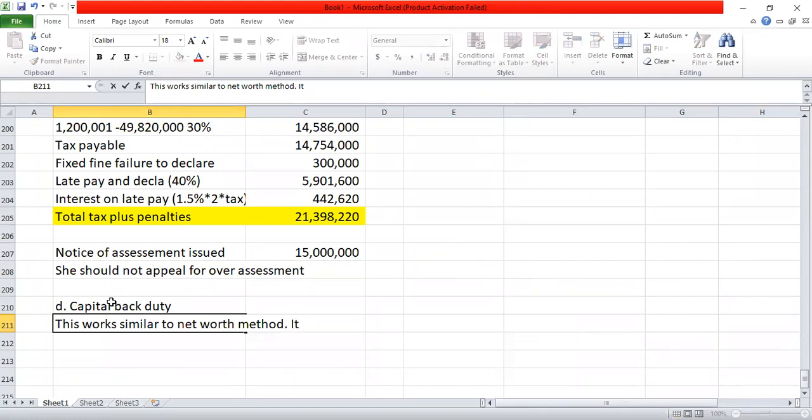It involves determining the net asset value.